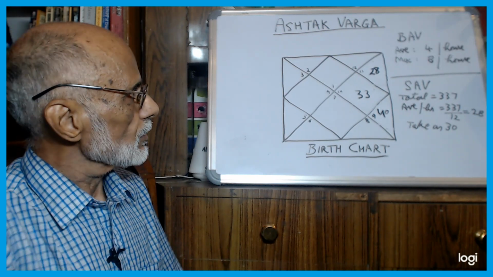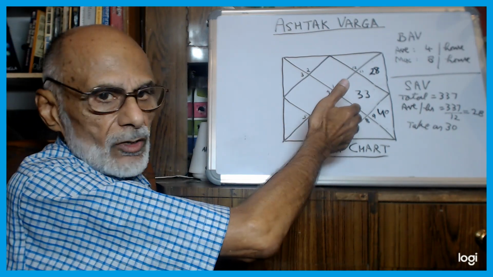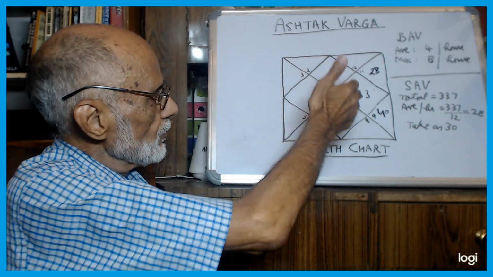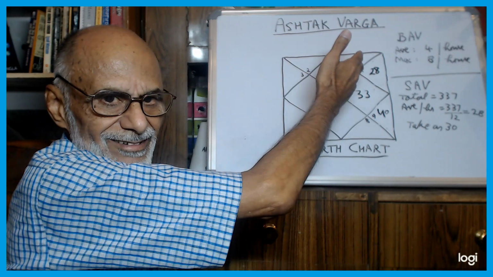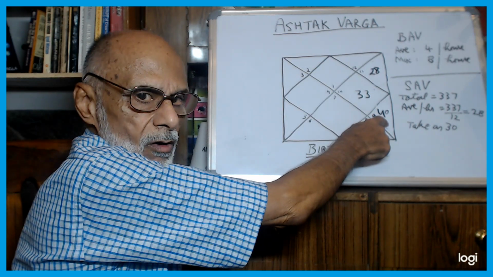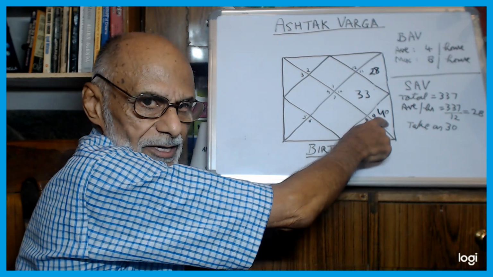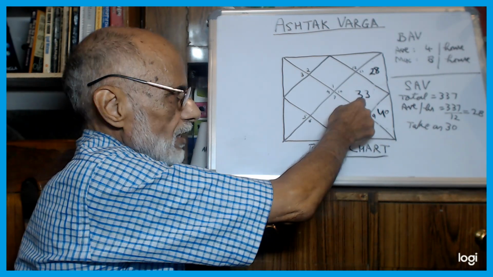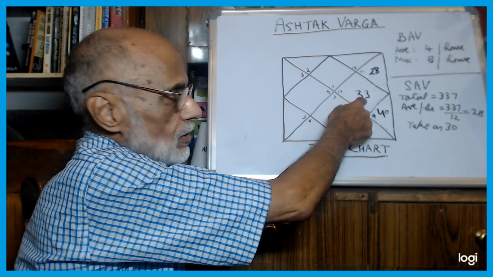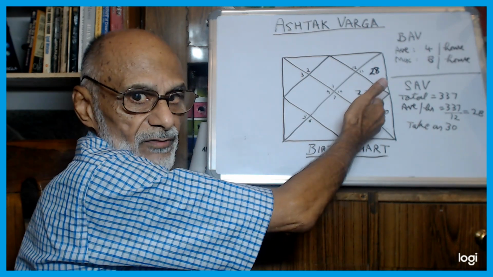Now these points, as you can see, are not in a progressive order, they are decreasing, right? Now the native is born with good luck, right? And in the house of action also, the points are more than average.